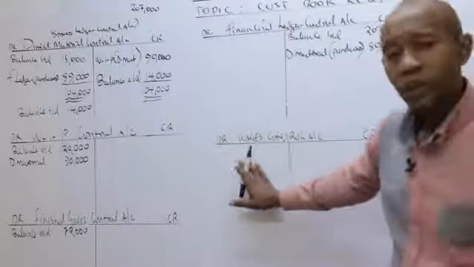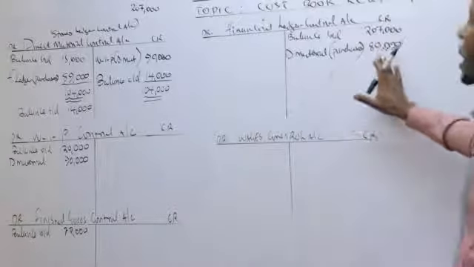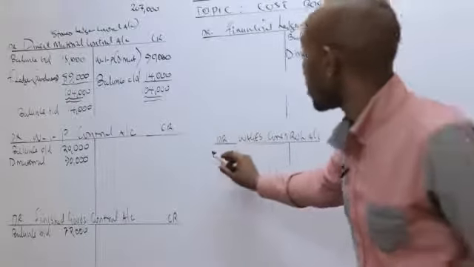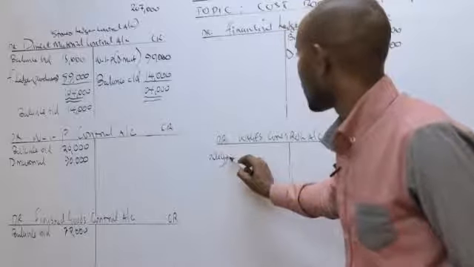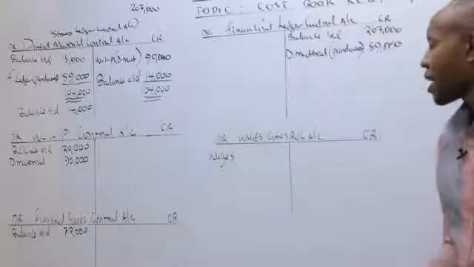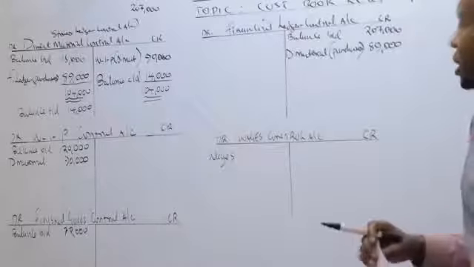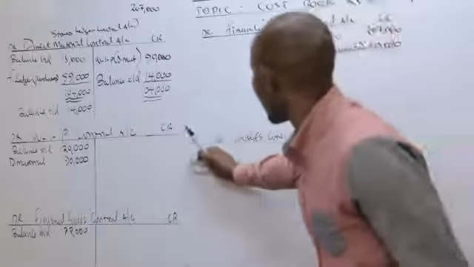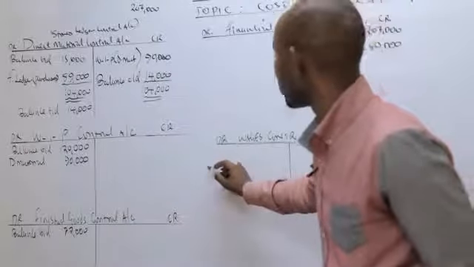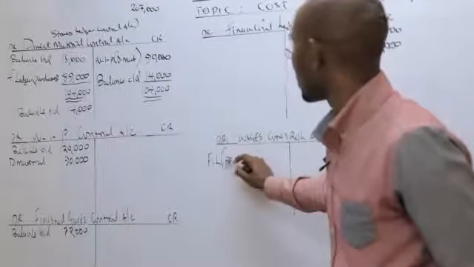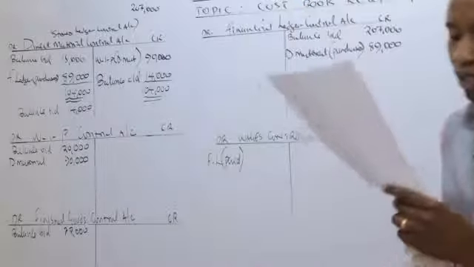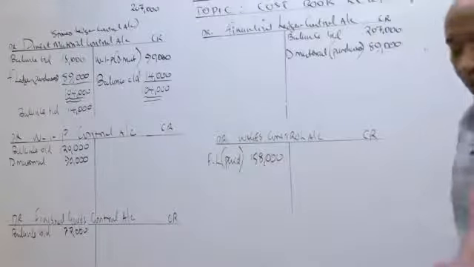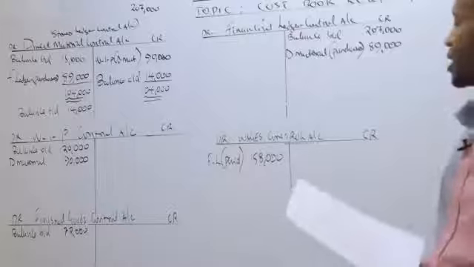So we pay, we debit the wages account, and then we credit the financial ledger control account. Wages are a cost to us, so when costs go up, we debit. So we are saying wages, and the corresponding account is financial ledger. This will be the wages that were paid in total, 158,000.